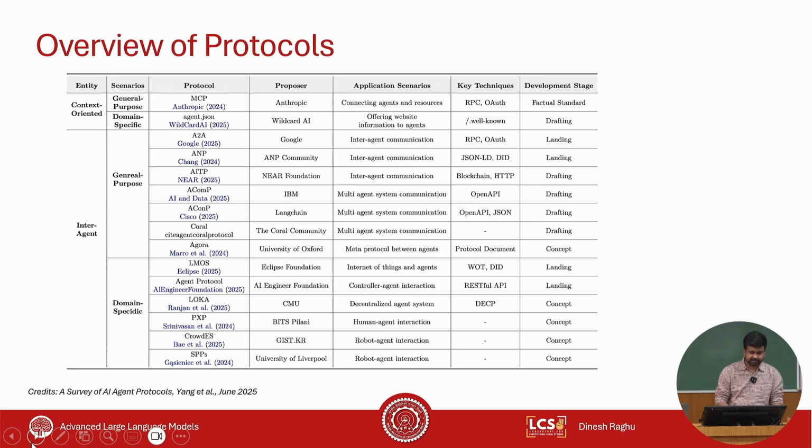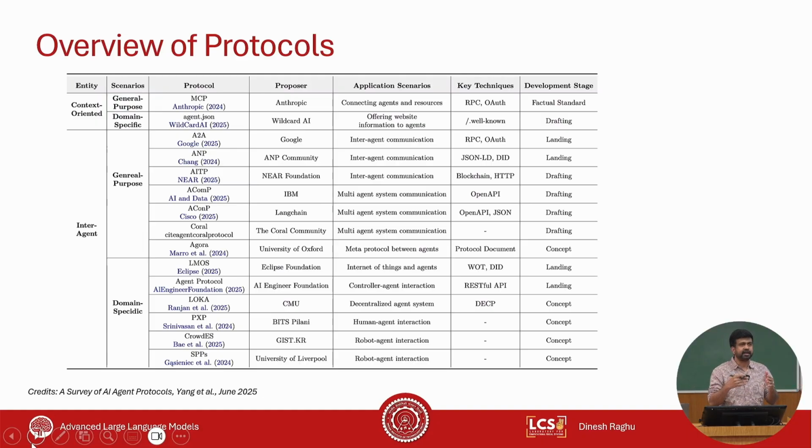So like I said, starting from 2024, people have come up with a lot of protocols, right? There are two main classes. One is inter-agent communication, which is like if you build an agent, how would you expose this agent so that everybody else can also leverage it?